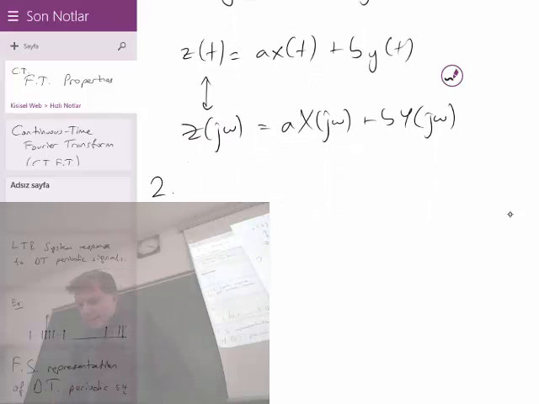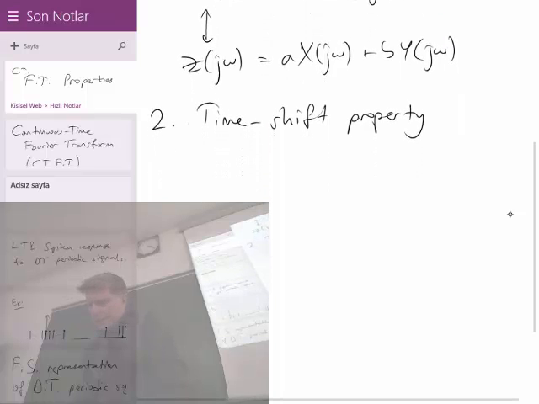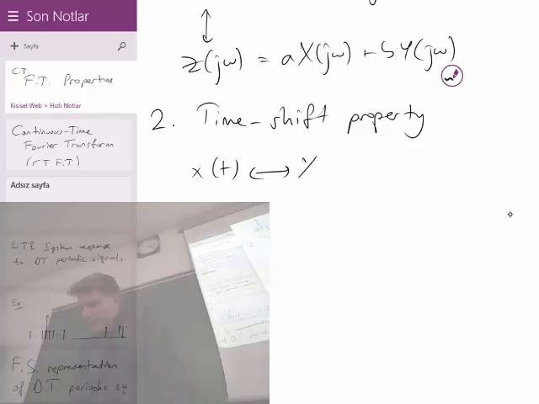The second property is the time shift property. It says the following: if x of t has a Fourier transform of X of j omega, then the shifted version of this, by the way, in the previous minute, I just used this property without indicating that it's a property.